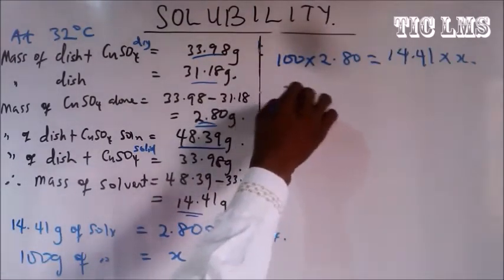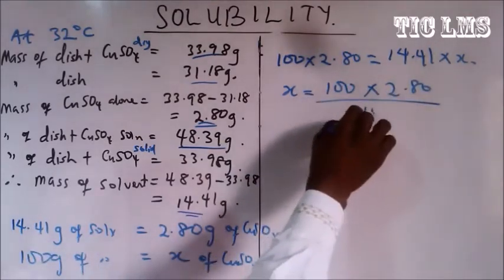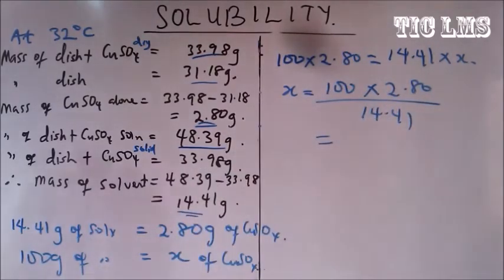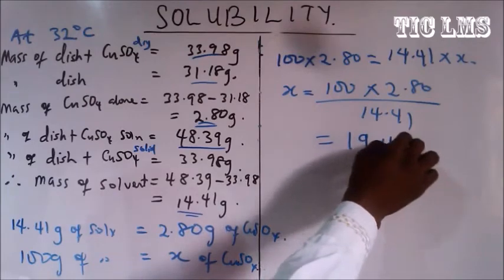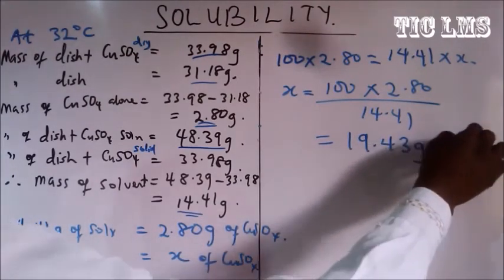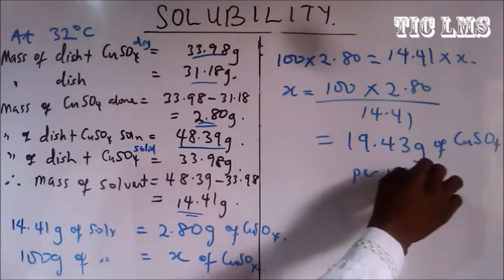We make x the subject, and we have 100 times 2.80 divided by 14.41. And when we calculate this, we'll have 19.43 gram of copper(II) sulfate per 100 gram of the solvent.